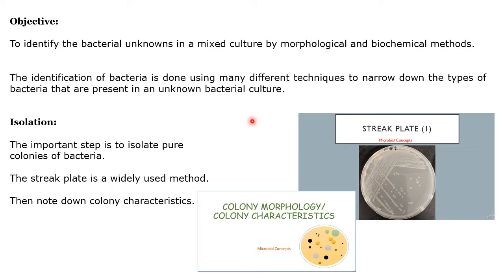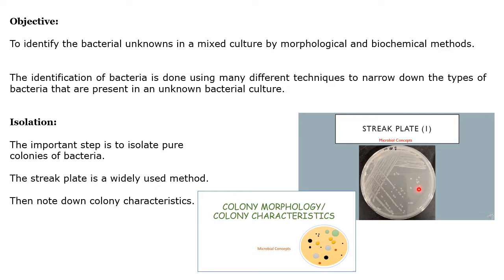The first thing when it comes to any experiment in microbiology is to isolate a pure culture. So the first important step is to isolate pure colonies of bacteria. The streak plate method is widely used, but pour plate or spread plate is also used, depending on your type of experiment.